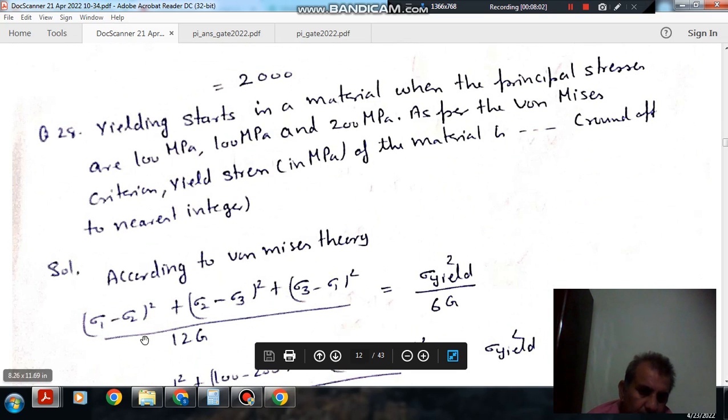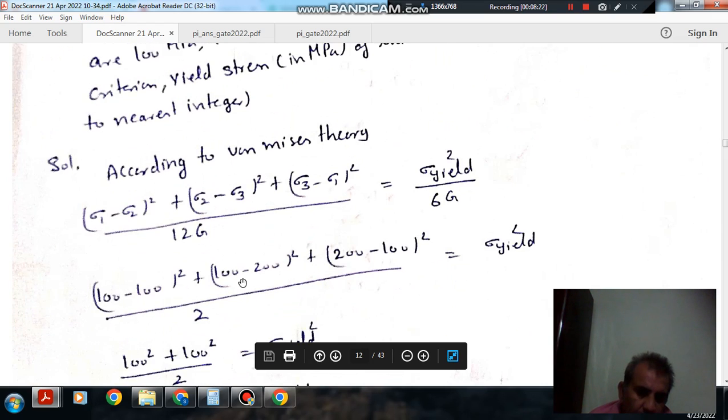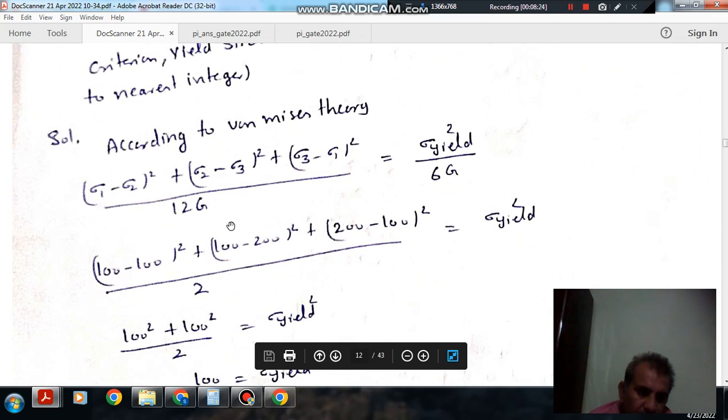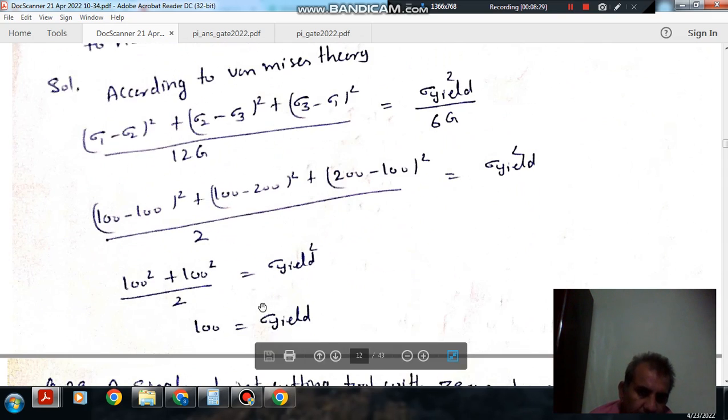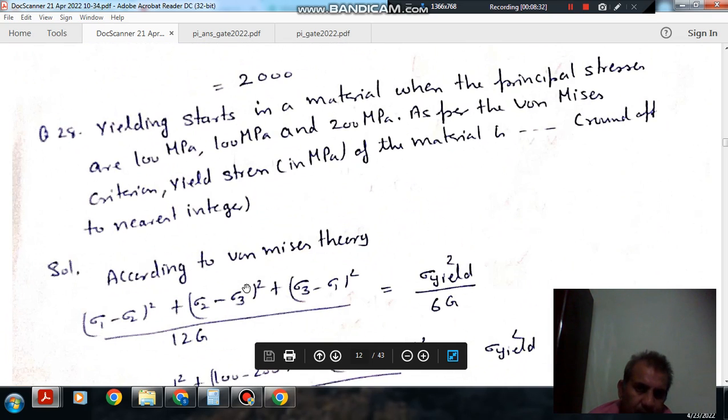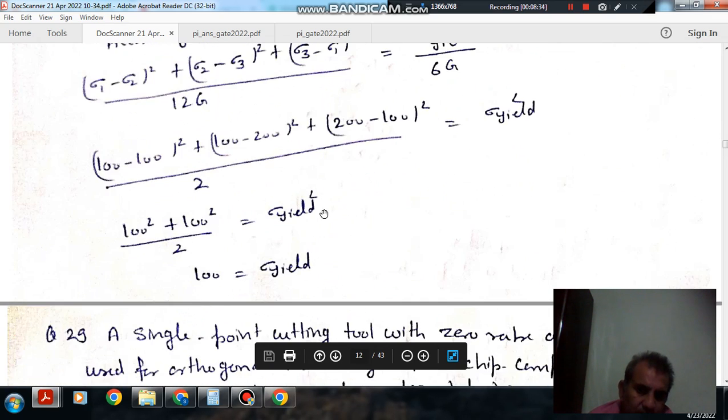According to von Mises theory, the yielding will commence when this criterion is satisfied: sigma 1 minus sigma 2 whole square, sigma 2 minus sigma 3 whole square, sigma 3 minus sigma 1 whole square, divided by 2, equals sigma yield square. Putting in the values of sigma 1, sigma 2 and sigma 3, we get sigma yield as 100 MPa. So the answer is 100 MPa.